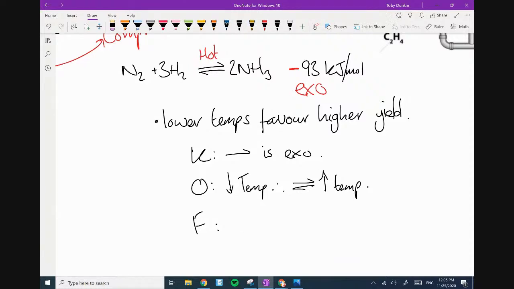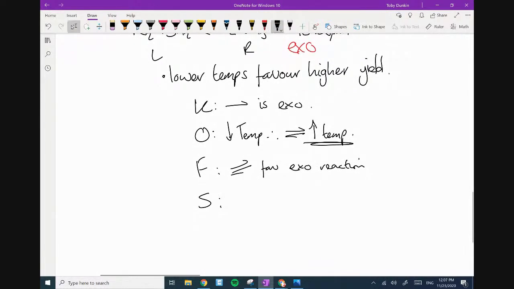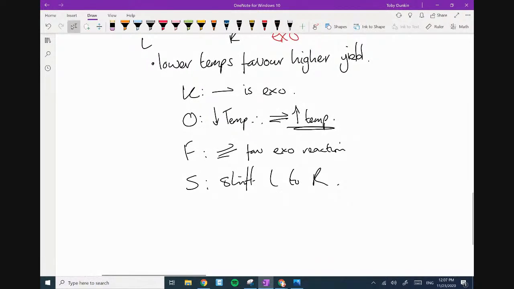So the equilibrium is trying to raise it, favoring the exo reaction. Shift left to right, because the forward direction is that one. It's going to favor the exo, it's going to go that way. So shift left to right, short version of COFC.